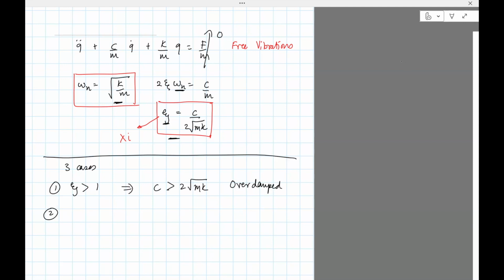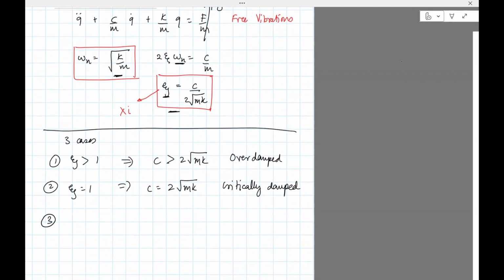Psi equal to 1: here c is exactly equal to 2 square root mk. This is critically damped. Then we have psi less than 1, so c is less than 2 square root m times k. This is the third case, underdamped.